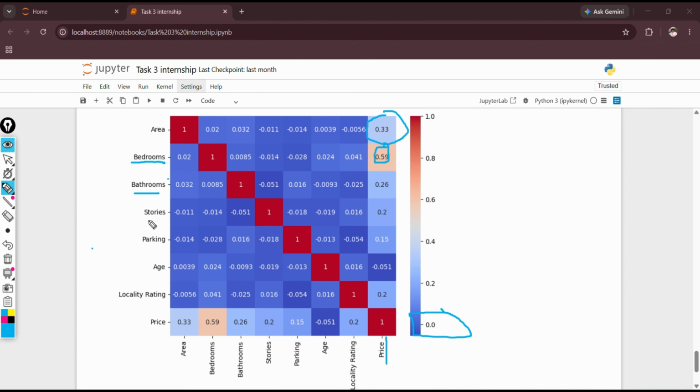Bathrooms, stories, and locality rating have weaker positive relationships with price. Age has a very small negative correlation with price, around -0.05, which means it has almost no effect in this dataset. Overall, this heat map quickly helps us identify which features are most important for predicting house prices.